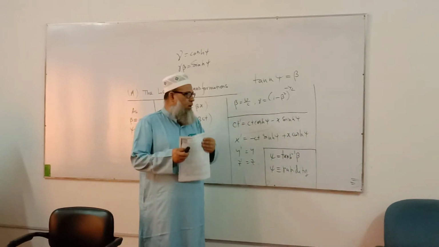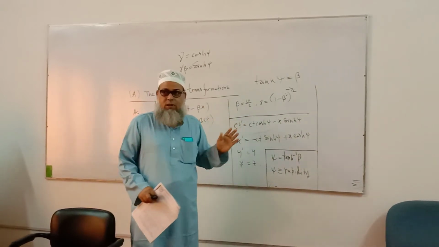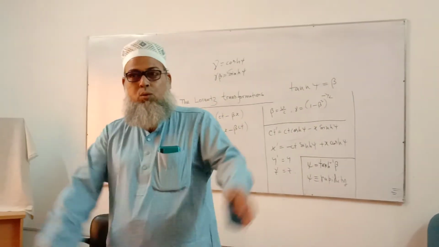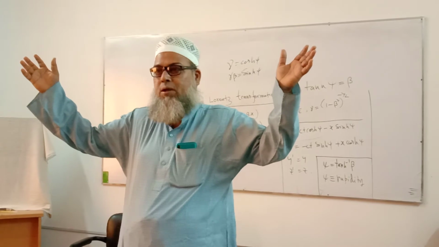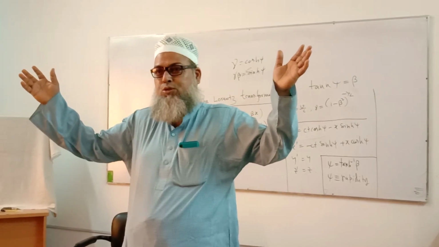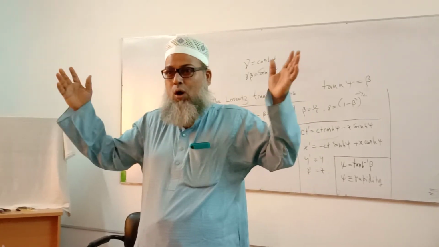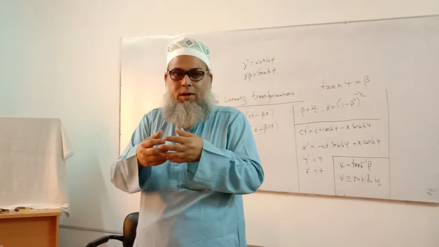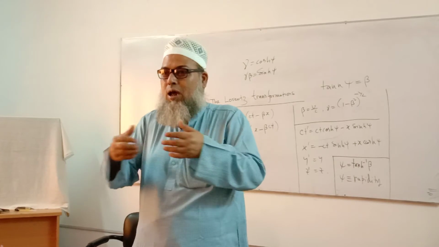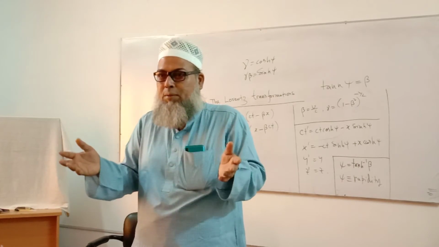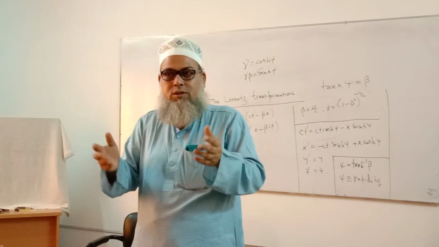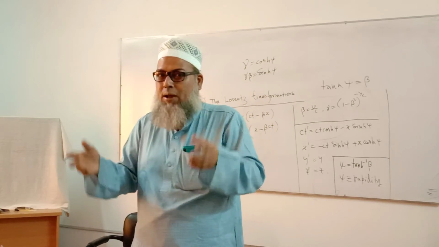So these are the Lorentz transformations. Upon these Lorentz transformations, a huge science has been built: the theory of special relativity and all of high energy physics. Special relativity is a theory and its application is everywhere. In electrodynamics, in high energy physics, everywhere you will see special relativity implemented.